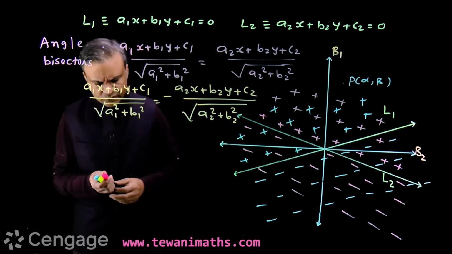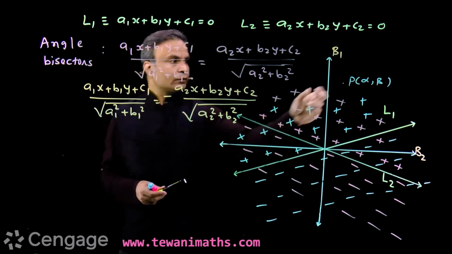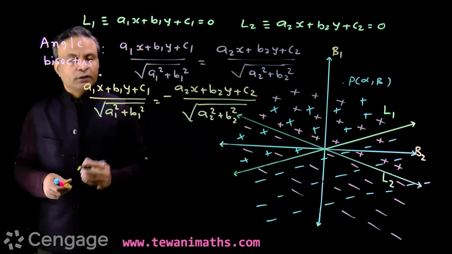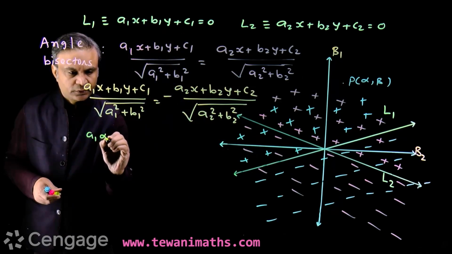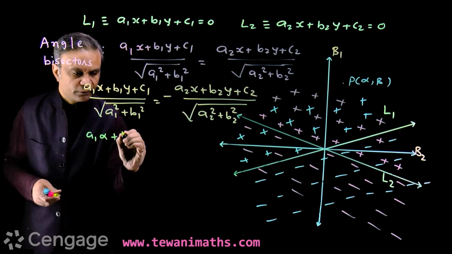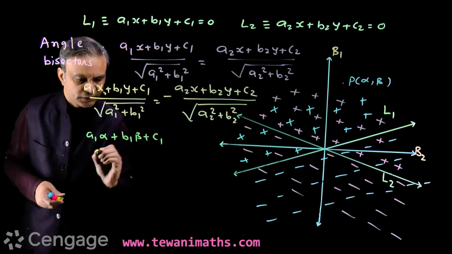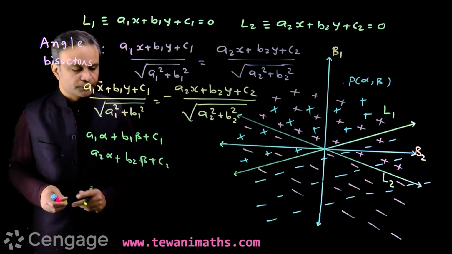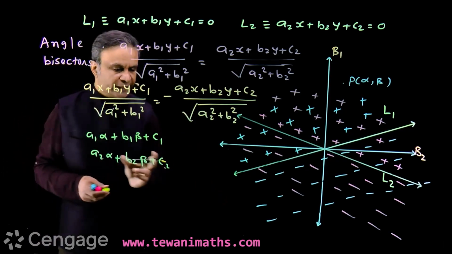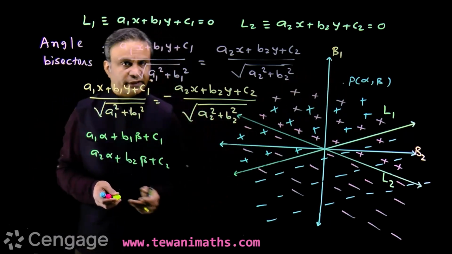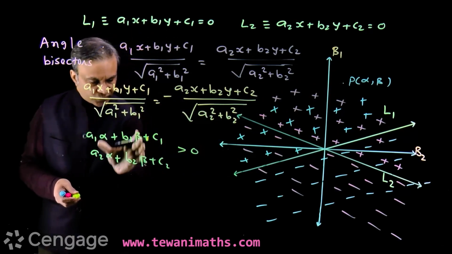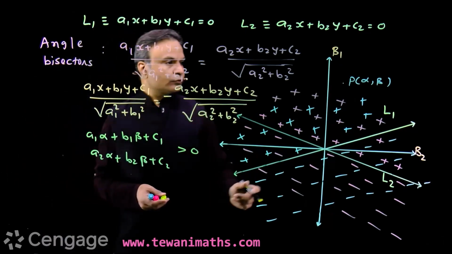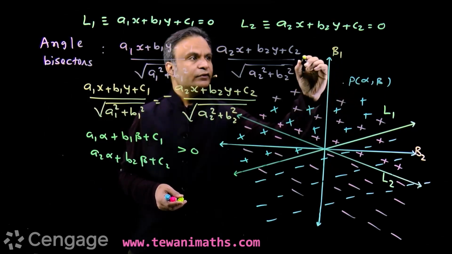So in a question, what we do is put the coordinates in these two linear expressions and check the sign. We have the expressions a1 alpha plus b1 beta plus c1 and a2 alpha plus b2 beta plus c2. If we get the same sign, here we are getting a positive sign, if both these expressions are positive, then the angle bisector through the region containing this point will be this.